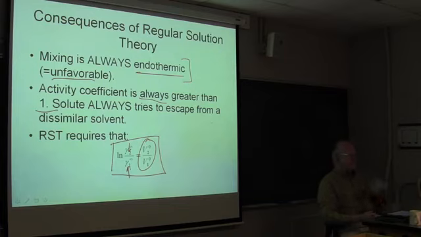If you take those equations and put them together, the delta 1 minus delta 2 squared drops out. And how can that be? That just doesn't make any sense unless all of these approximations, all of these assumptions are dead on. So I'm not making any claim that regular solution theory applies to everything. But it applies to a lot of things.